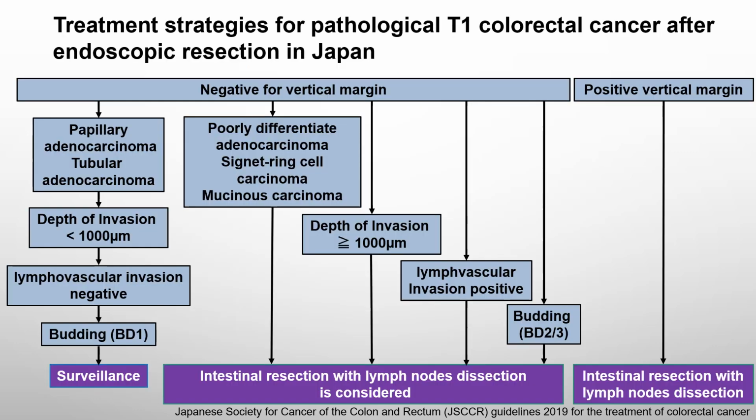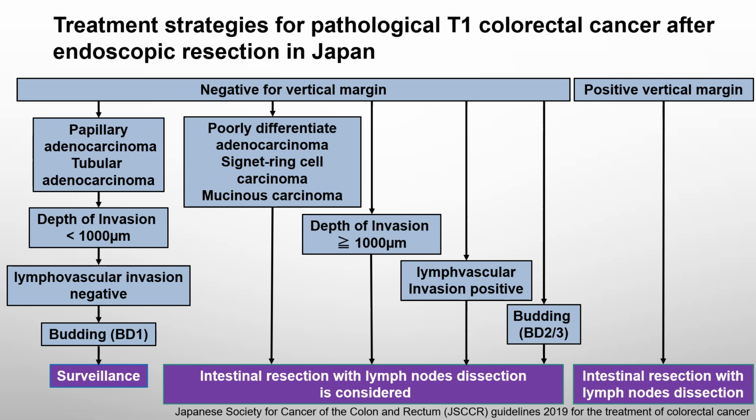According to the Japanese JSCCR guideline, intestinal resection with lymph node dissection is recommended as an additional surgical treatment if any of the following findings are observed during the histological examination of the resected specimen. 1. Pathological T1b, depth of SM invasion more than 1000 micrometers. 2.